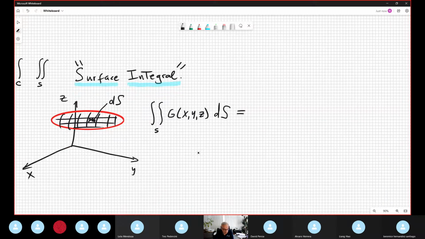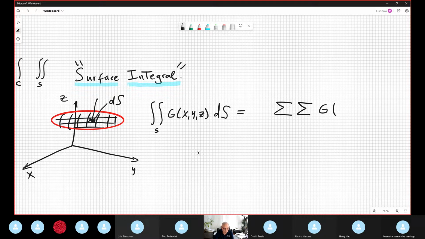So it is the Riemann sum, a double summation, because it's two-dimensional, of the multiplication of g, the density function, the integrand function in general, at any point. Suppose I pick an arbitrary point here.